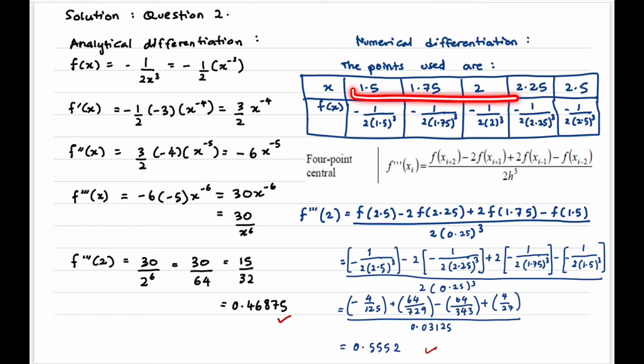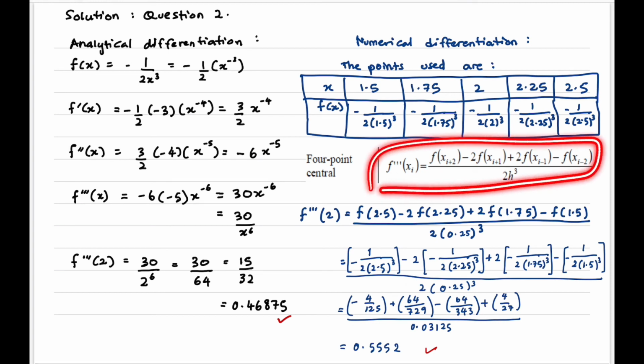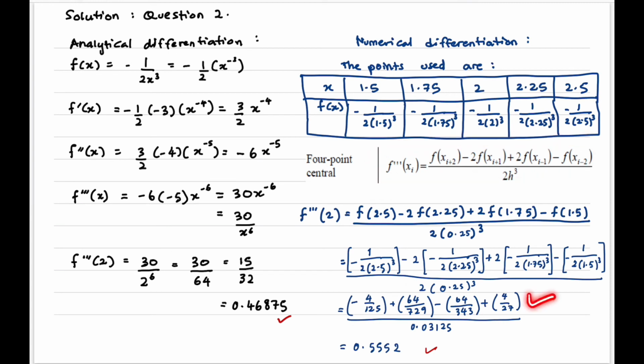So from the given points x, you can find your f(x) by substituting all these values of x into your f(x). Okay, then the question asks you to find the 4-point central. Okay, substitute all these values into this formula correctly and then simplify.